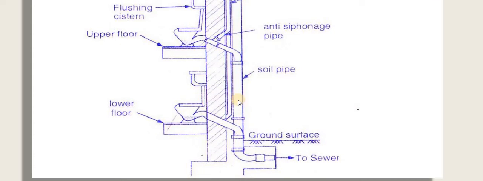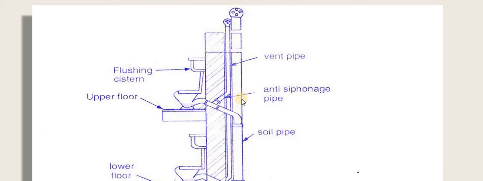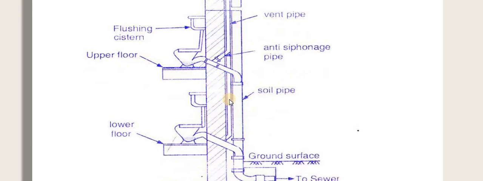The larger section of pipe is known as the soil pipe, and it is covered with the cowl. And similarly, the smaller diameter pipe is attached with the traps through the anti-siphonage pipe.